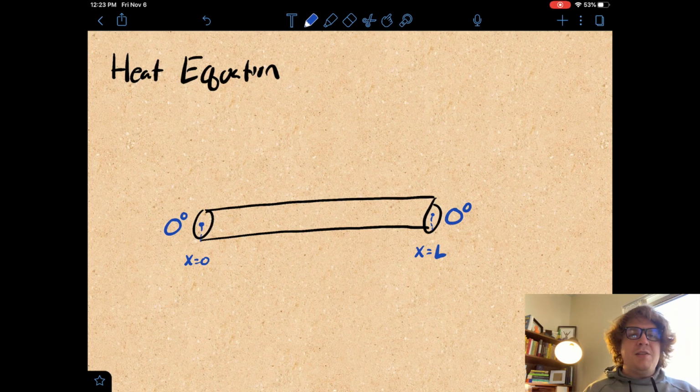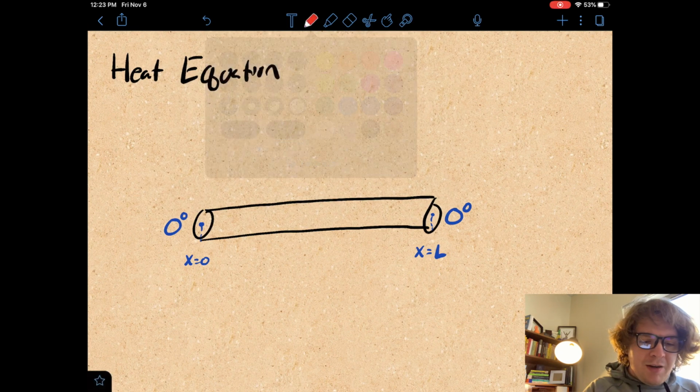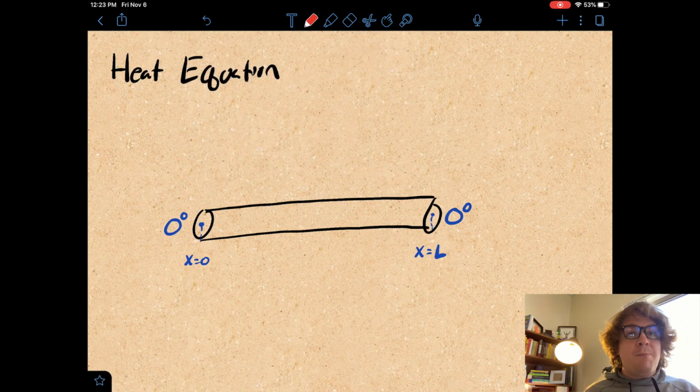Now, where the heat equation starts to get interesting is we pretend that we're going to start with some initial heat distribution. Meaning that at every point along the length of the rod at some time t equals 0, we can associate each point along the length of the rod with a temperature.